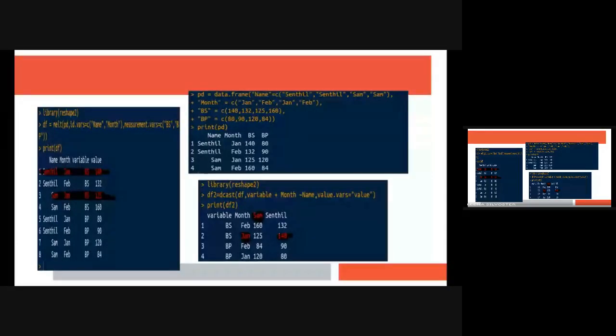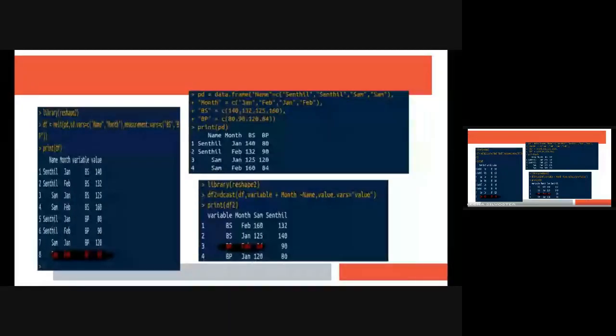Now we need to fill the values of BP. For Sam, the February BP is 84. So it is written here.